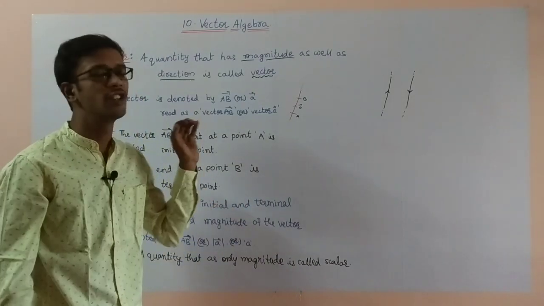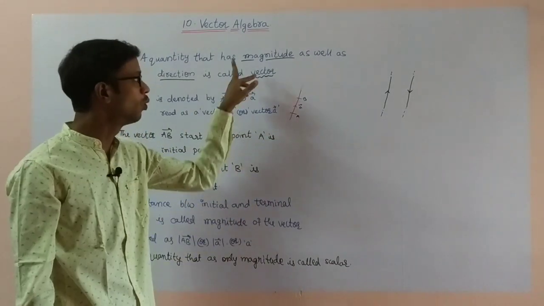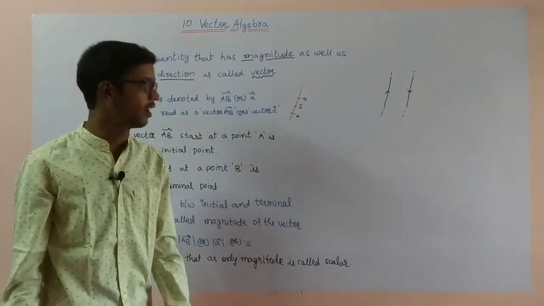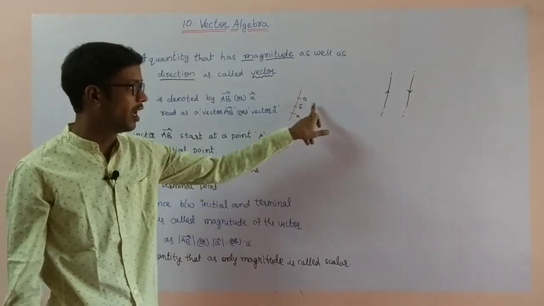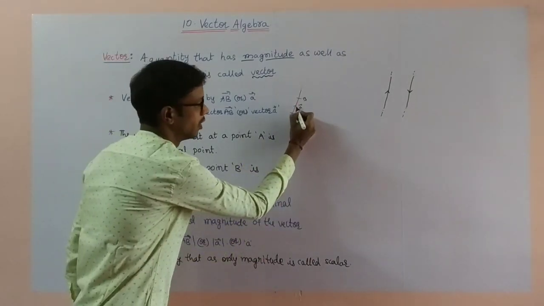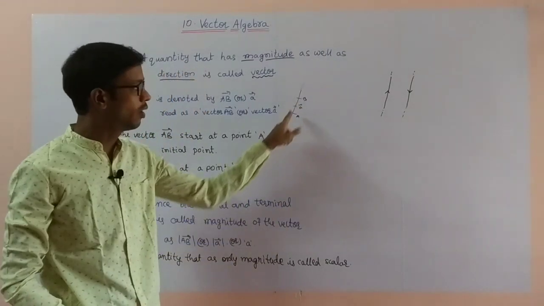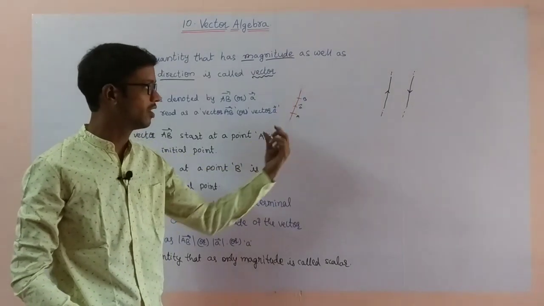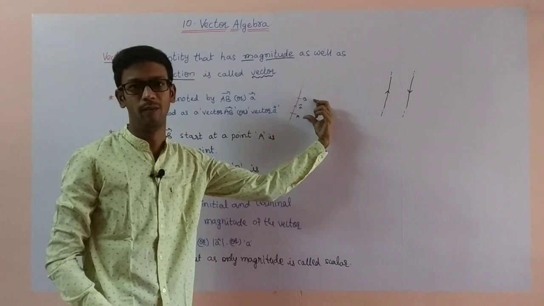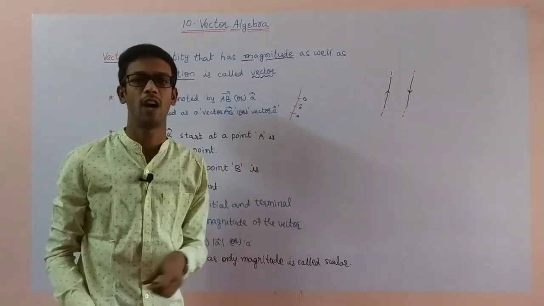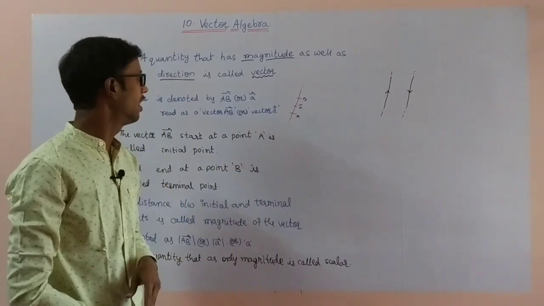Direction means which direction it is moving. Having the 2 means that is a vector. Take this directed line segment AB. A to B it is moving. Magnitude is nothing but the length of AB. We can use the distance formula to find the length.